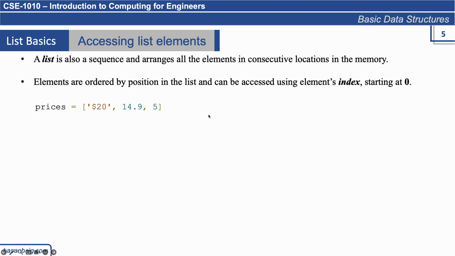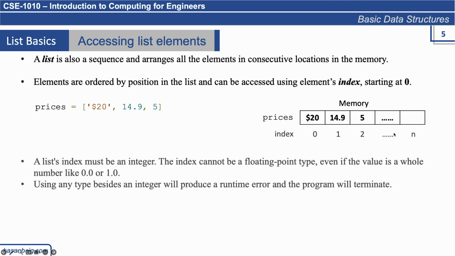So prices is stored in memory in consecutive memory locations, as I said, and the indexes are 0, 1, 2, and so on. If I have to access, let's say, the first element, I can specify that index and I will get the value stored at that index.